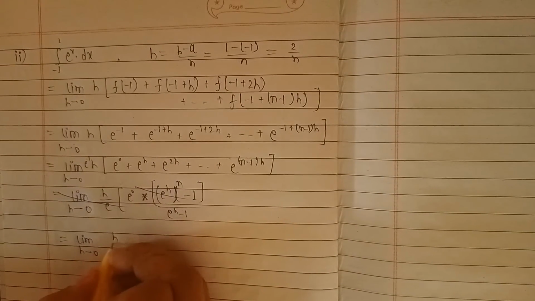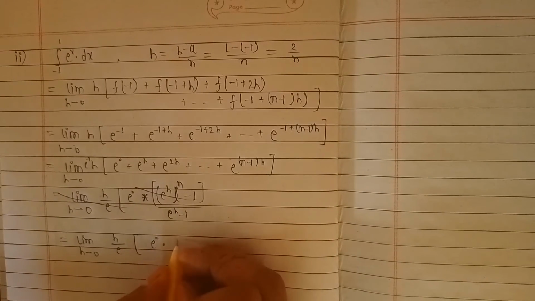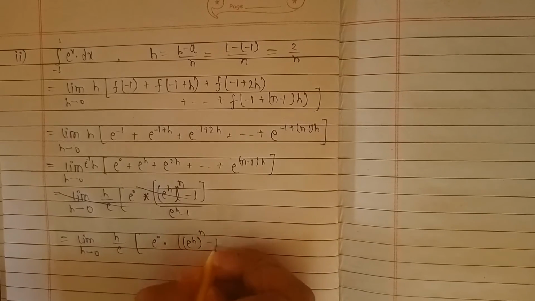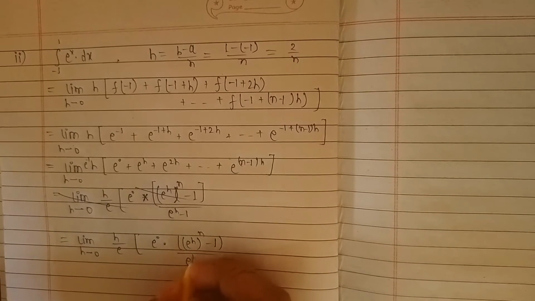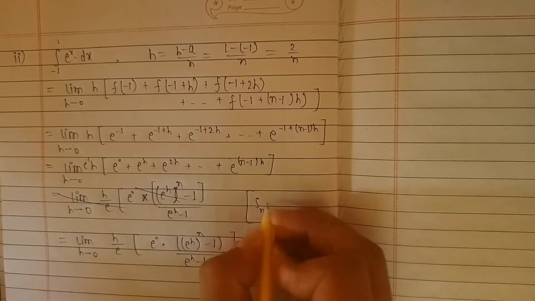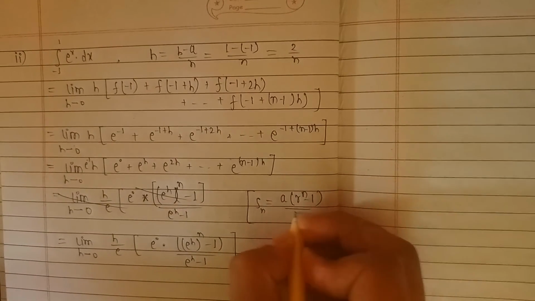Limit h tends towards 0, h by e raised to the power 0 multiplied by e raised to the power h raised to the power n minus 1 upon e raised to the power h minus 1. Okay, understand now? I told you Sn for a GP is a times r raised to the power n minus 1 upon r minus 1.